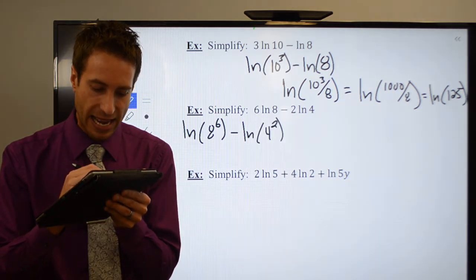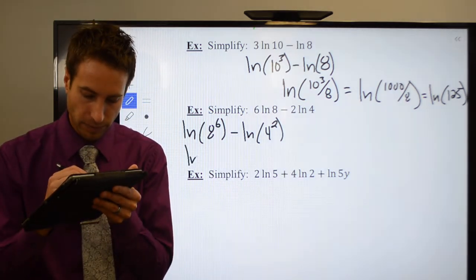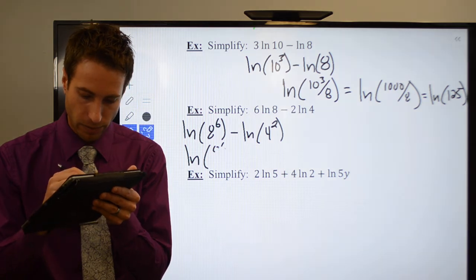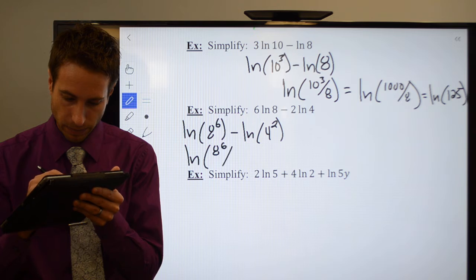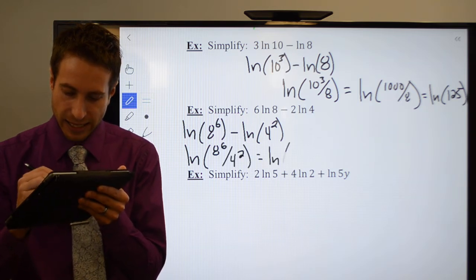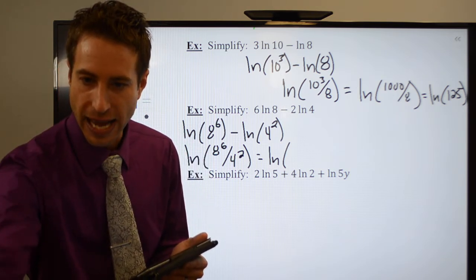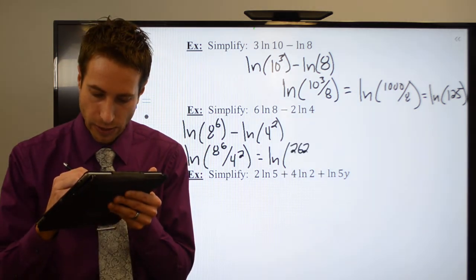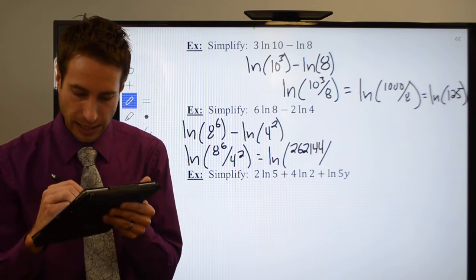I can rewrite that as a quotient because of the quotient property, the ln of 8 to the 6th over 4 squared. 8 to the 6th power, I got a calculator here, is 262,144. 4 squared is 16.